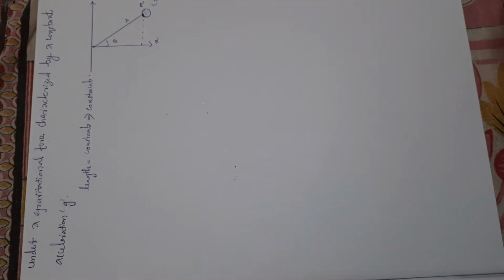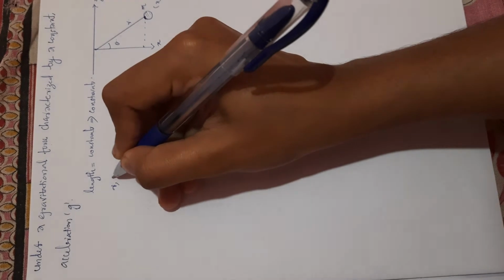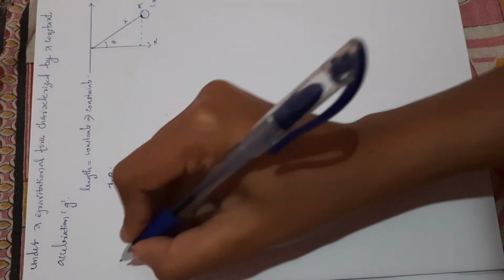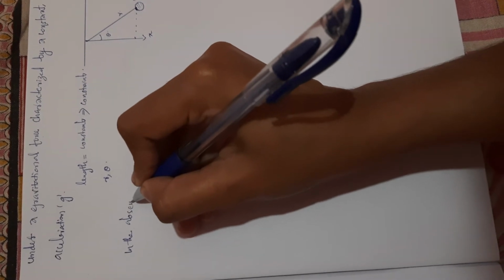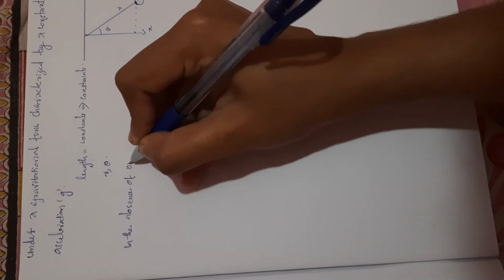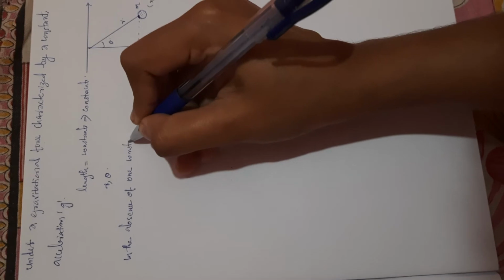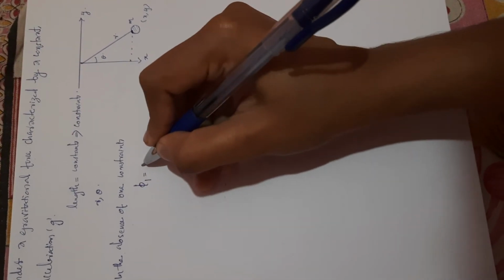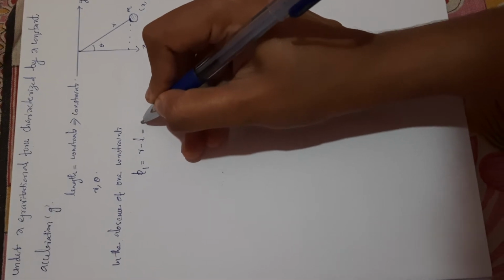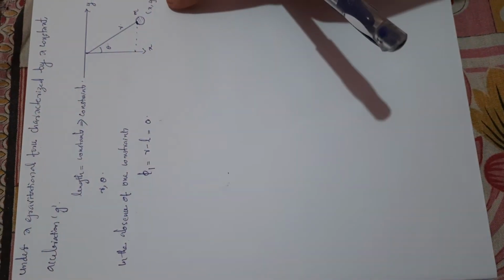The coordinates of the simple pendulum are r and theta. Then we can write phi 1 is equal to r minus L is equal to 0. This is the rough figure.